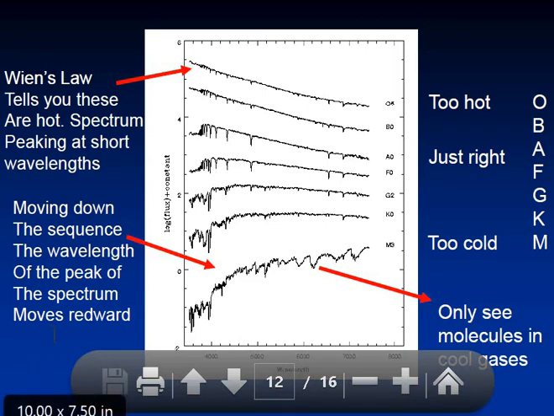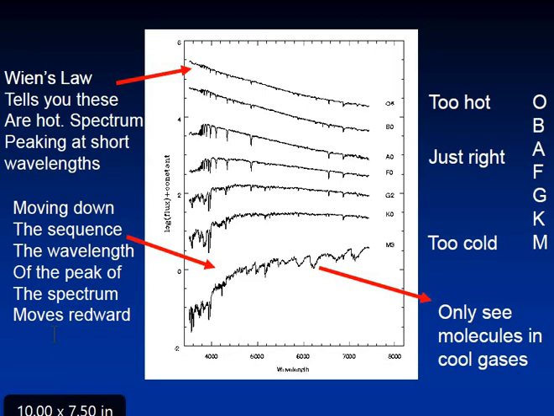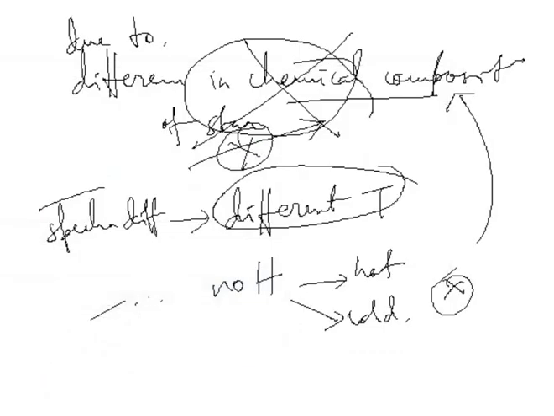Now given the temperature of a gas, it is possible to calculate the fraction of atoms with electrons in any excitation level using an equation known as the Boltzmann equation. And it is also possible to calculate the fraction of atoms in a gas that are ionized at any temperature using an equation known as the Saha equation. I will not talk about it here.